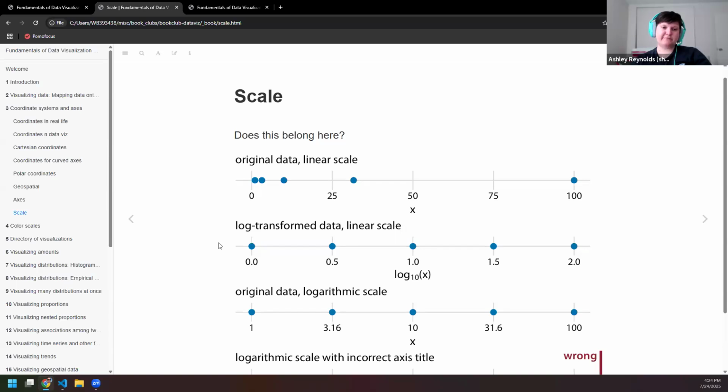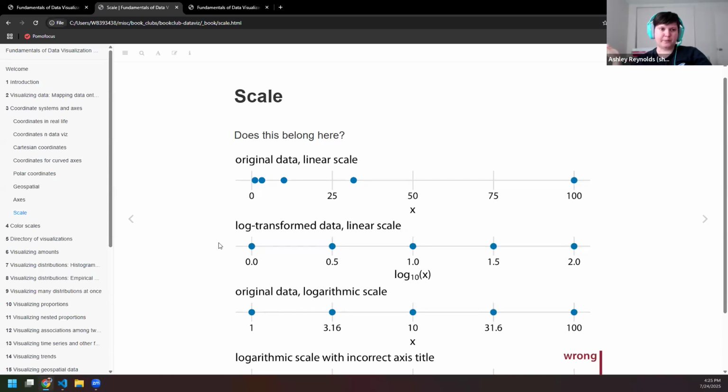I mean, I found this visual representation of what a logarithmic scale, or log transforming your data, is, and the difference between the two, really helpful, as somebody who does work with log transformed data. But I can definitely see where you're coming from.